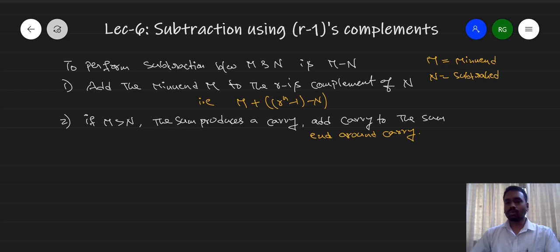Now let us see what this carry is. Assume I am going to add two 1-bit numbers. The possible combinations are 0 plus 0, in which case the sum is 0, very straightforward. Or 0 plus 1, in which case the sum is 1. Or 1 plus 0, also a sum of 1.